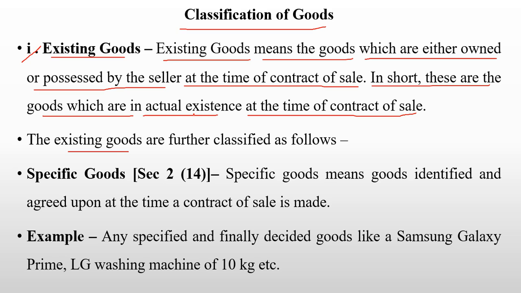When you go to a shop and ask the shopkeeper for a book, and the shopkeeper has the book to sell, that book is existing at the time of the contract, so it is called existing goods. Now, existing goods are further classified into three types: specific goods, certain goods, and uncertain goods.